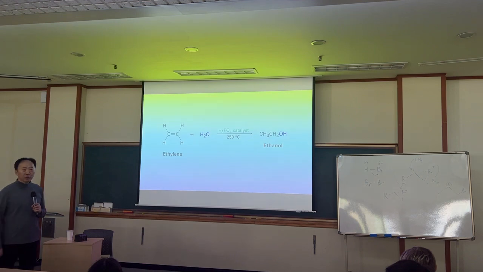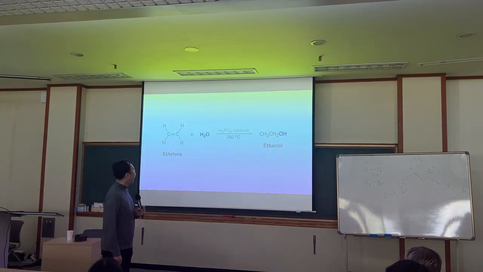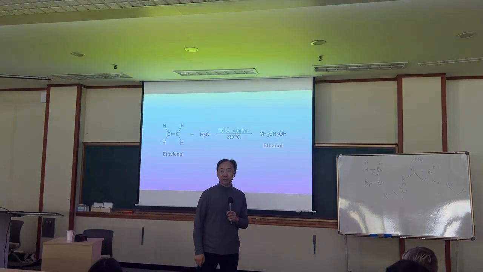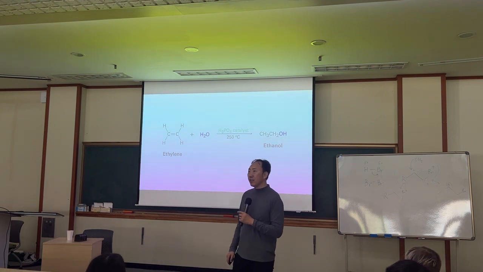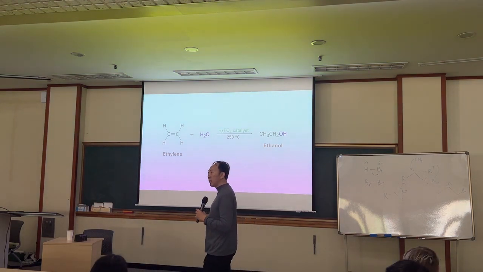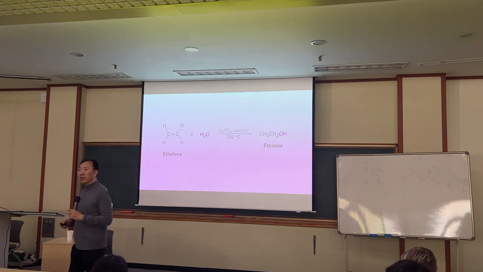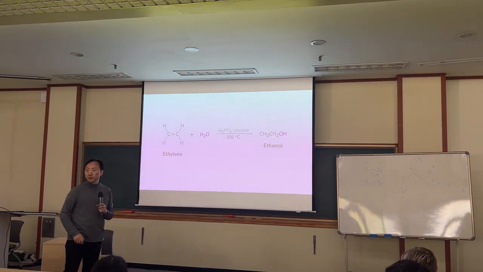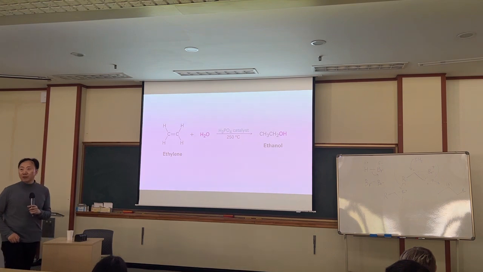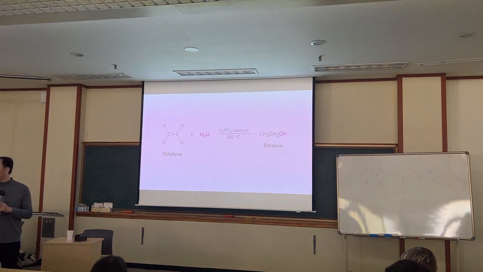What's the temperature? 250, with a strong acid catalyst, phosphoric acid or sulfuric acid. It's a very strong acid at high temperature. It's industrial scale to make ethanol. But in the laboratory, it's difficult to heat higher than 200 degrees.